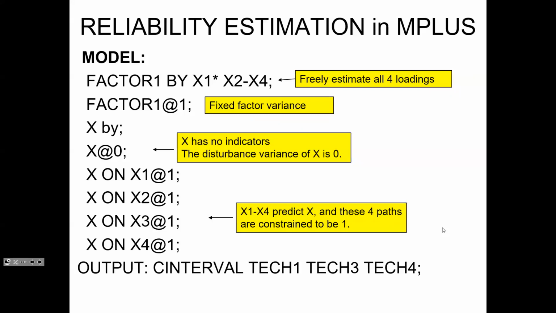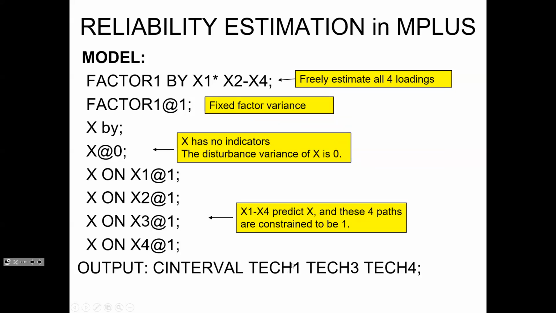And then in terms of output, you don't really need tech 1 and tech 3 in this case. Tech 4 is going to give you the latent variable variance covariance matrix.